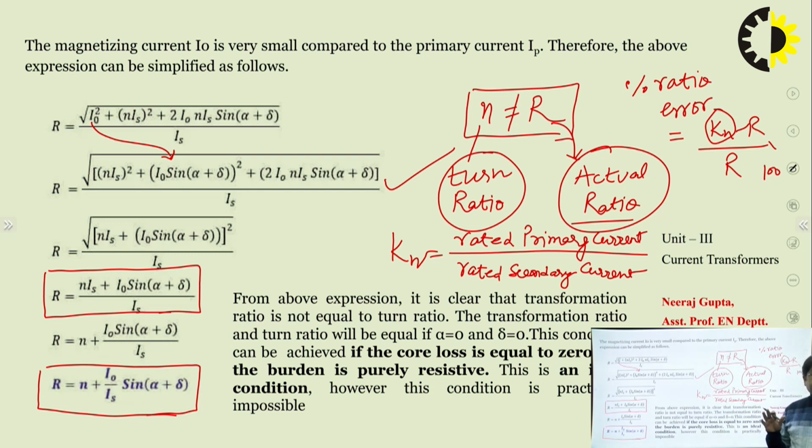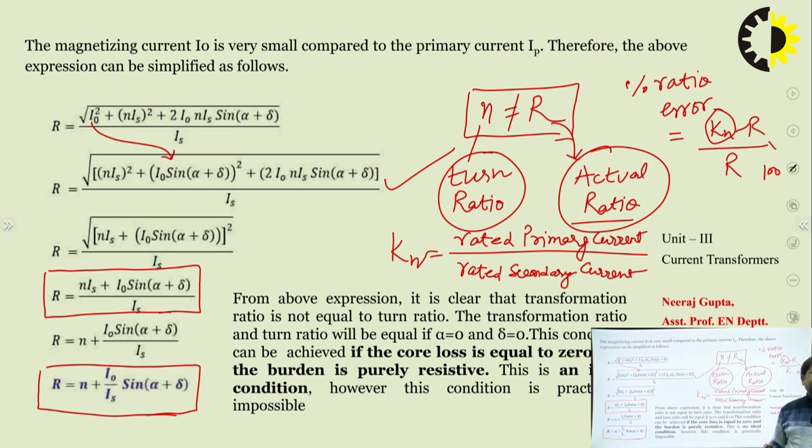So when this R needs to become n, what should be the possibility? If alpha goes to 0 and delta goes to 0, what will happen? The core loss is equal to 0 and the burden will become purely resistive. So this is an ideal condition.